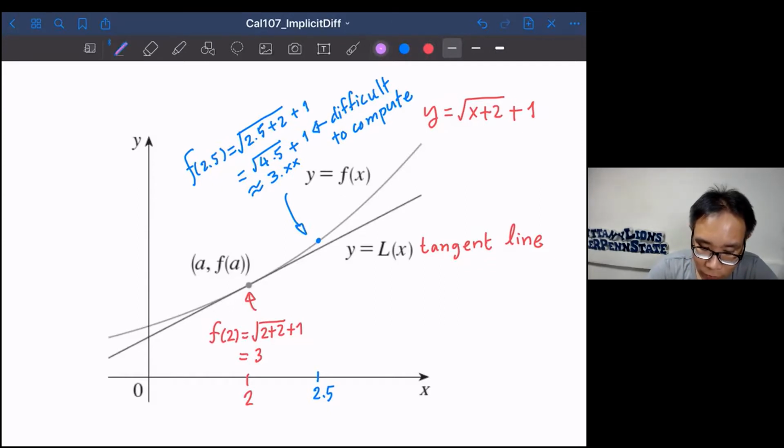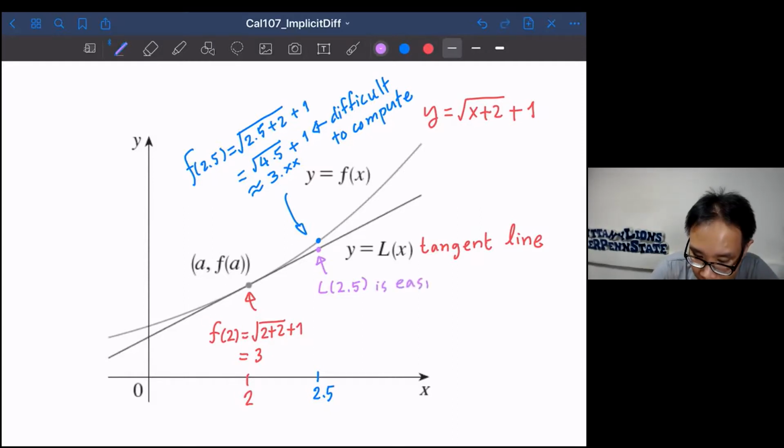So what we're going to do is use the point on the tangent line at 2.5 instead. So this one is L(2.5).